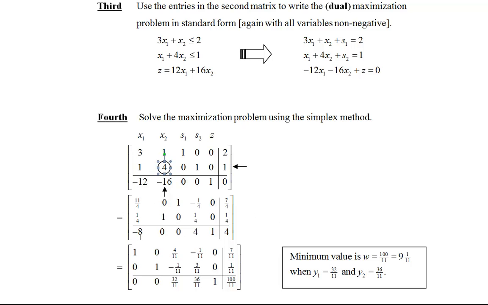Okay. I still have a negative. So if I do my division, I've got 7/4 divided by 11/4. That gives me 7/11. 1/4 divided by 1/4 is 1. So my pivot should be that row.